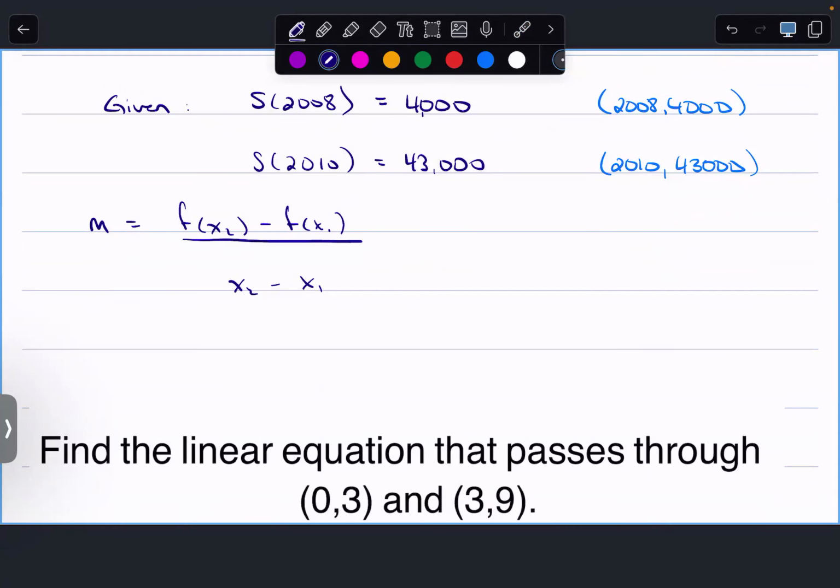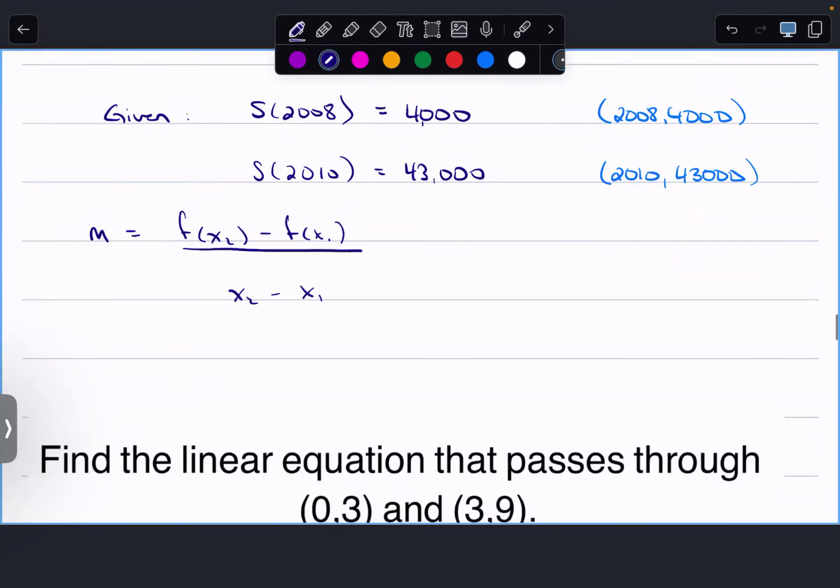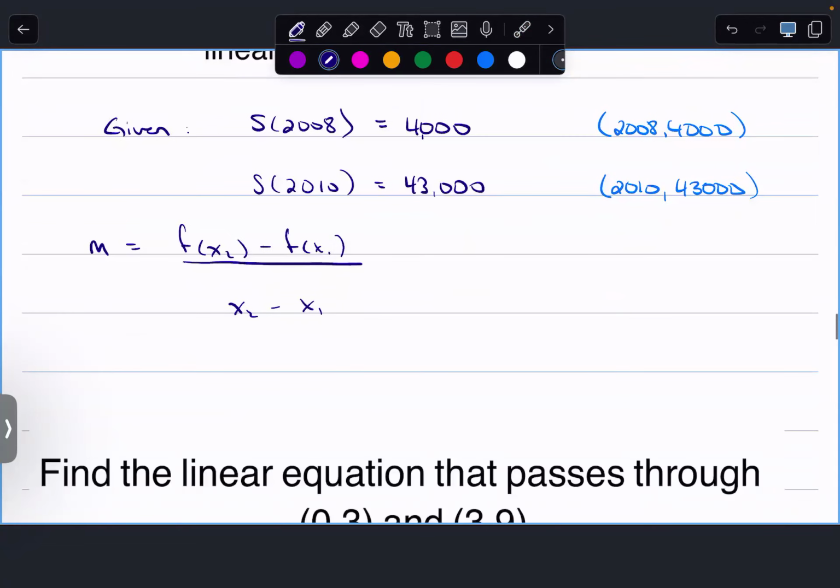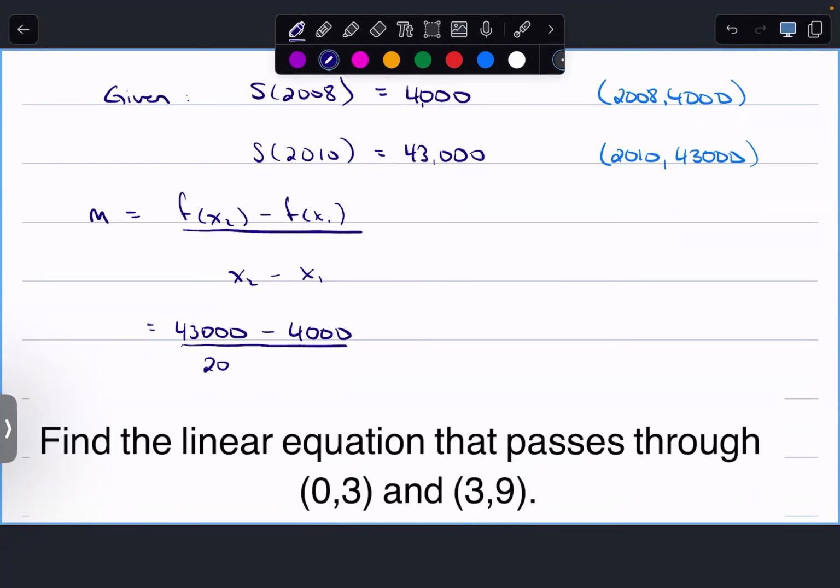Didn't give myself enough room. F of x2 is 43,000 minus f of x1 was 4,000, and 2010 minus 2008. Keep it nice and tight though. 43,000.